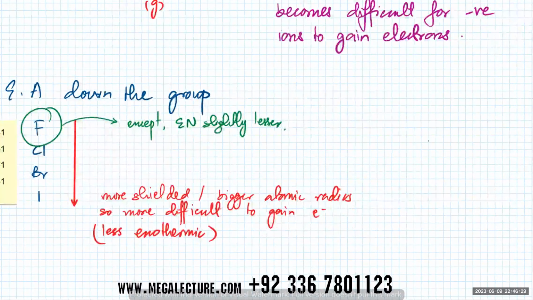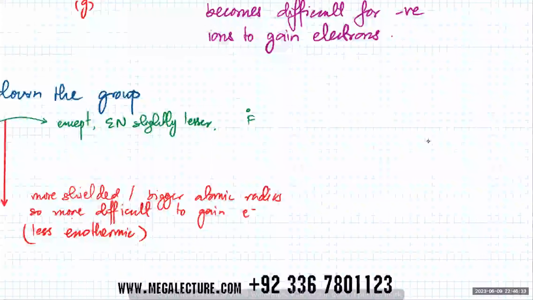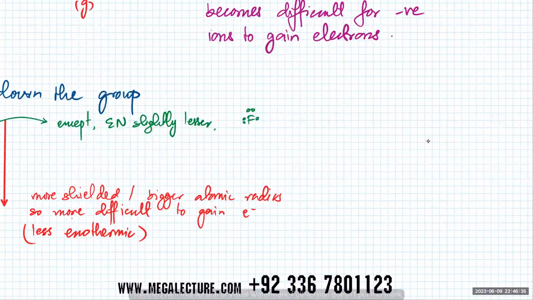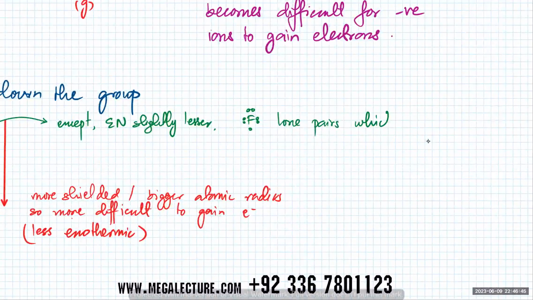And the reason for that is that fluorine is such a small atom that it's got very high charge density lone pairs, which repel electrons.